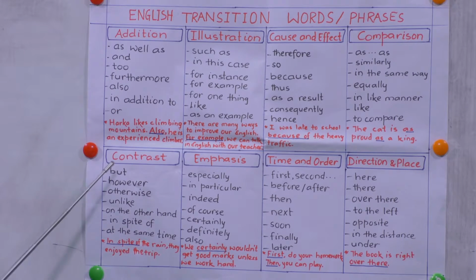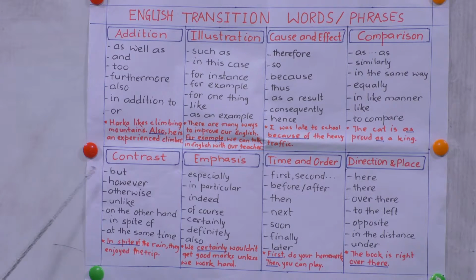Similarly, look at the next type of transition words and phrases. Contrast, that means they show the difference. To differentiate, to show differences, we use these transition words or phrases.